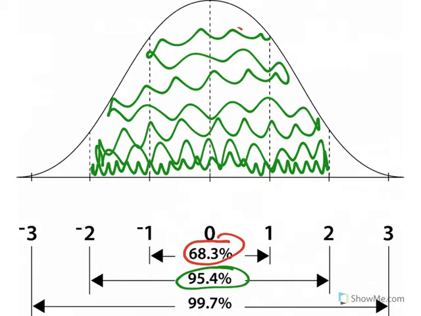So what you need to know is that if I'm giving you these 3 percentages specifically, 68.3, then the corresponding z-score would be 1. If I ask you about 95.4% shaded, the corresponding z-score would be 2.